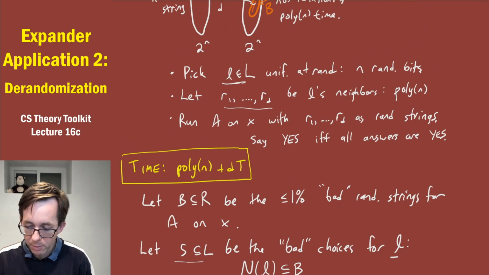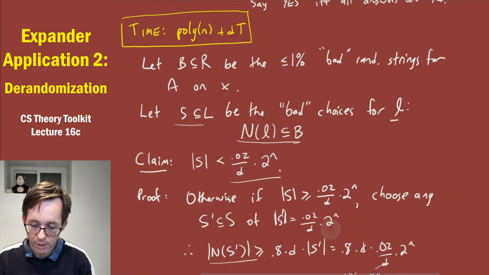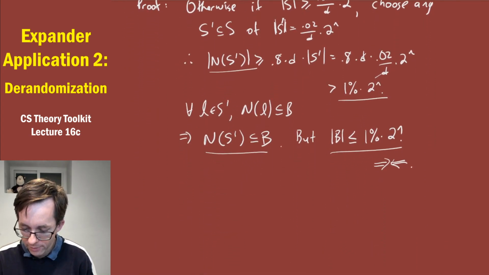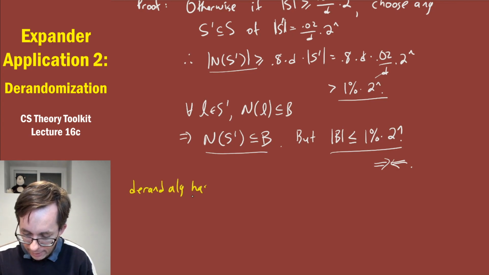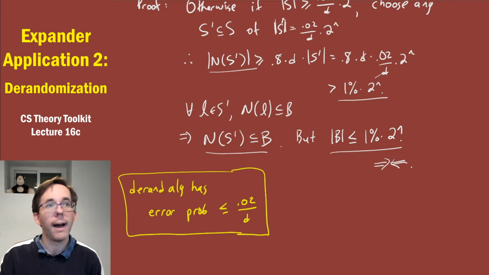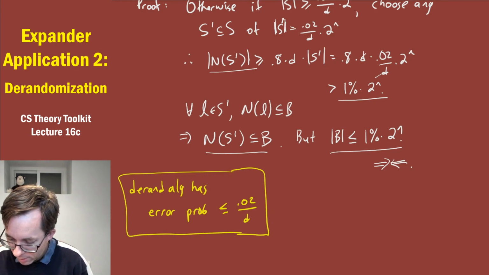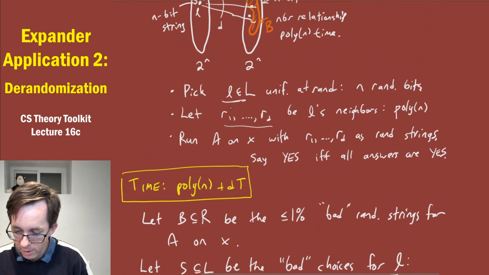So the failure probability, or the wrongness probability of our algorithm, is bounded by 0.02 over D, the probability that the initial little l is in S. So what we finally conclude here is that the derandomized algorithm has error probability at most 0.02 over D. And this is great, because in particular, it only uses n random bits. Because the only random bits we needed were to choose this initial l.